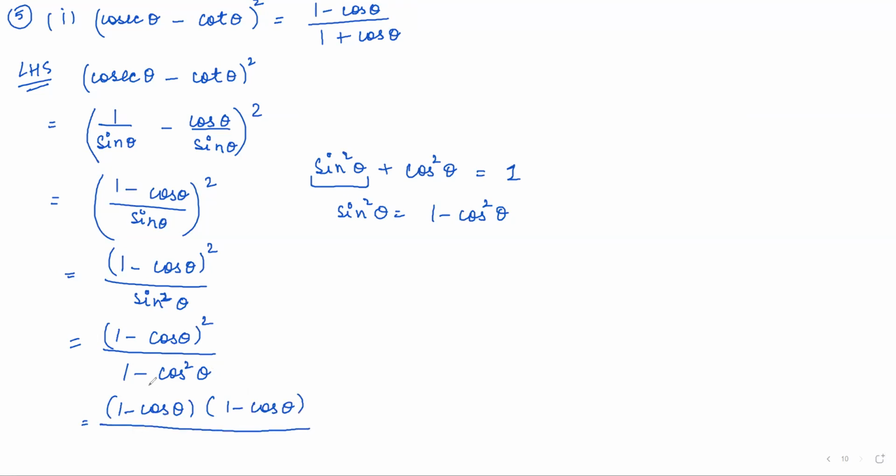And then I have a square minus b square, that means a plus b into a minus b. Okay, Sarah? Any confusion? Now one bracket will cancel out and only 1 minus cos theta divided by 1 plus cos theta will remain, which is equal to your RHS. So you have proved.